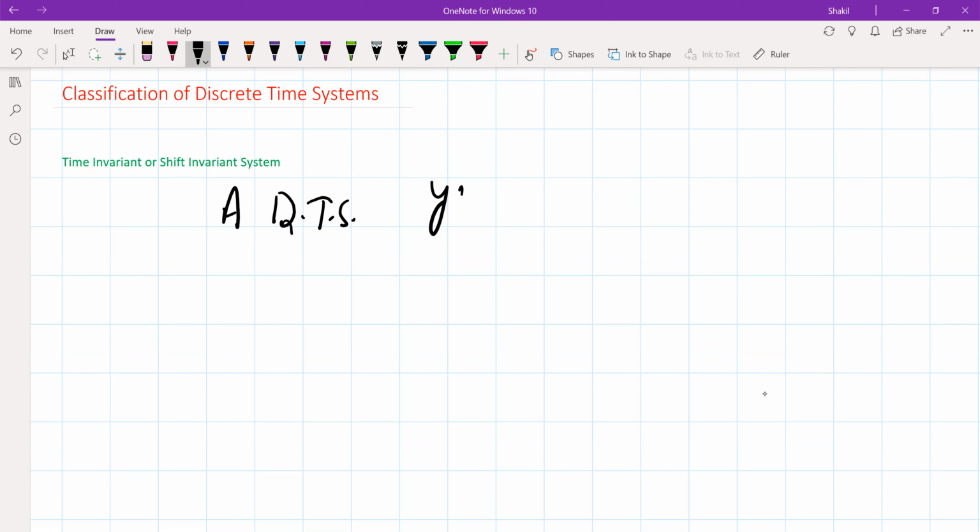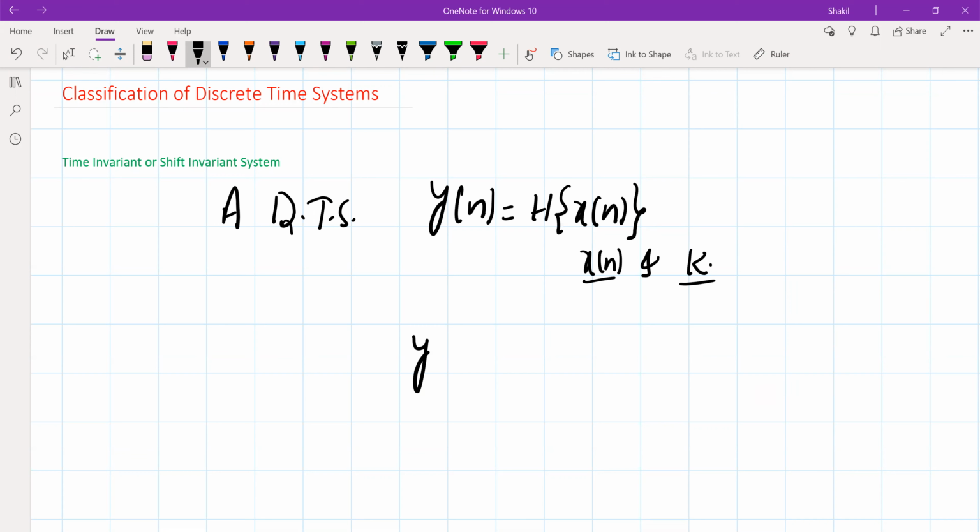So if we say this is our system, the system operates on this sequence x of n is said to be shift invariant for all n, for all inputs x of n and constant k, means for any value of x of n and constant k, if mathematically this is true, means if we delay the input or time advance the input by some value k and the identical shift results in the output, then that system is said to be shift invariant or time invariant.